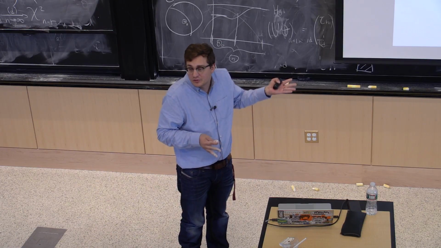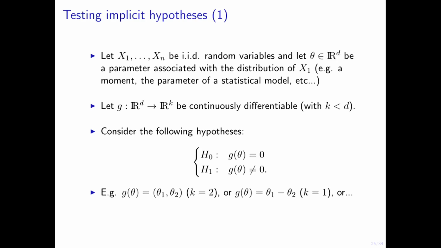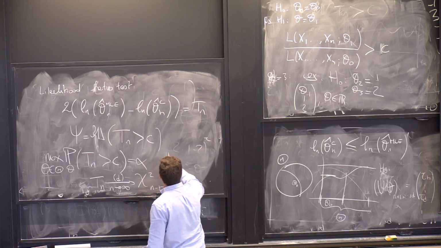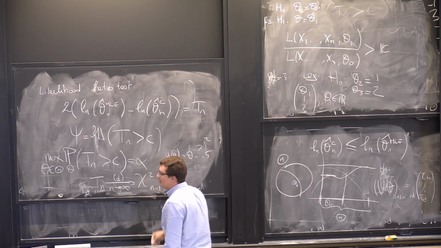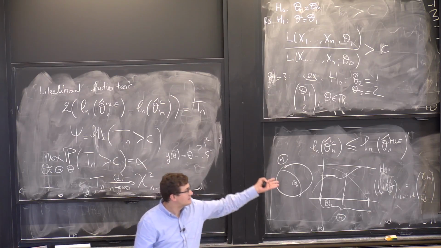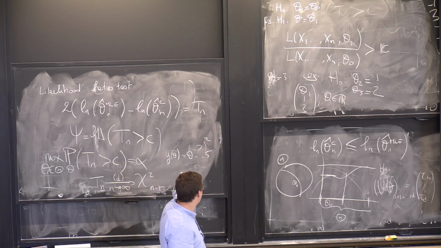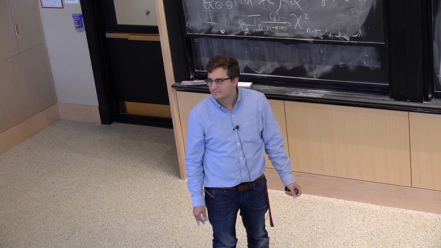And sometimes in the first test that we saw, g of theta was just the identity, or maybe the identity minus 0.5. If g of theta is theta minus 0.5, and theta is p, the parameter of a coin, that's exactly what we've been testing. So this is a simple one, but then there are more complicated ones we can think of.